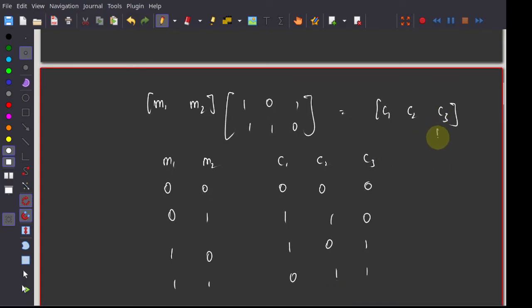So this is the code word. This is what we will call the message vector. Therefore, encoding essentially corresponds to multiplying the message vector with the generator matrix.